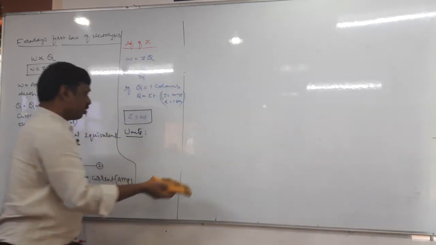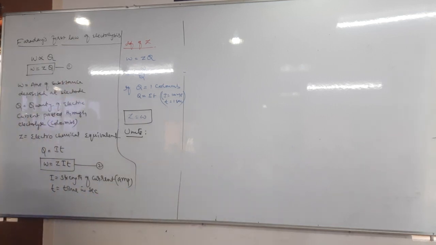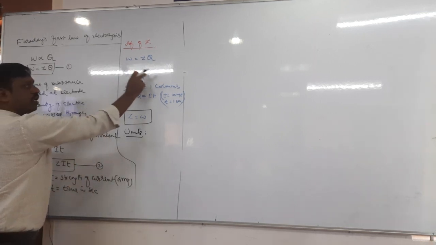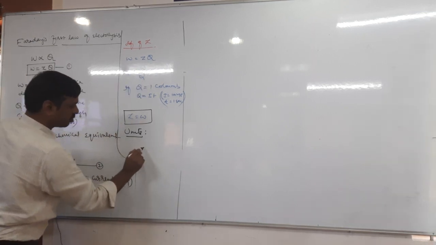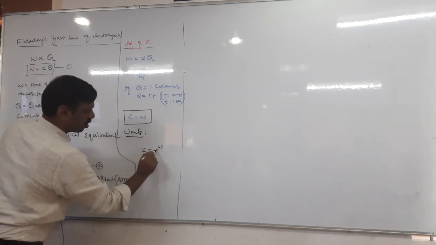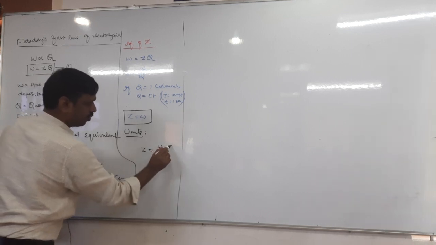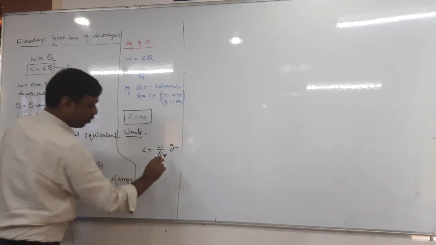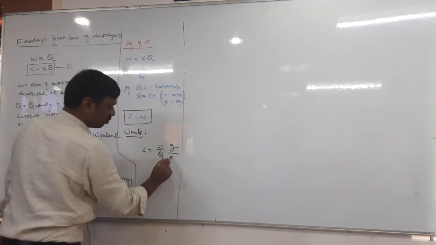Then what is the unit of electrochemical equivalent? Z equal to W by Q. What is the unit of W? Grams. Q is in coulomb.